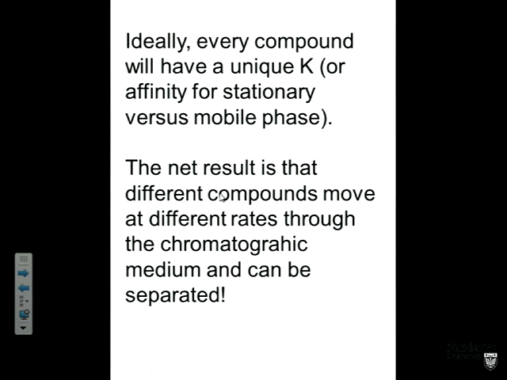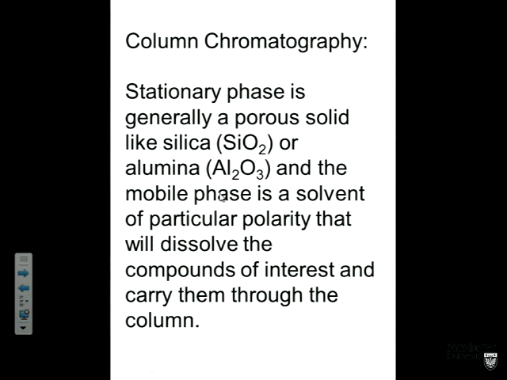And if that is the case, then we can separate everything in our mixture. Because different compounds are bound more tightly or less tightly to the stationary phase, they will be more or less in the mobile phase. They will travel faster or slower down the column or up the plate and can be separated.